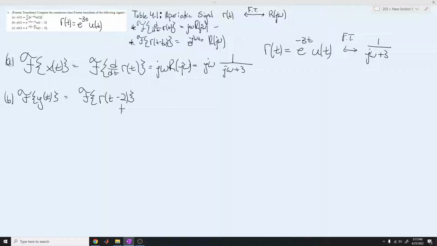So t naught is equal to 2. And then we know that the Fourier transform of this, using the time shifting property, is going to be e to the negative j omega times 2, times big R of j omega, which we know is 1 over j omega plus 3.